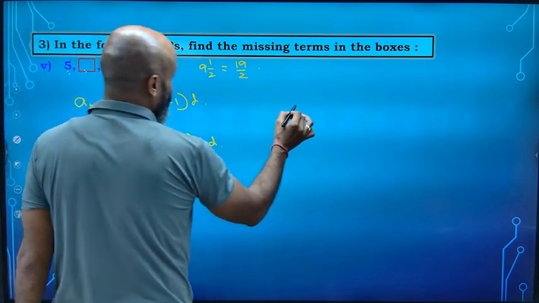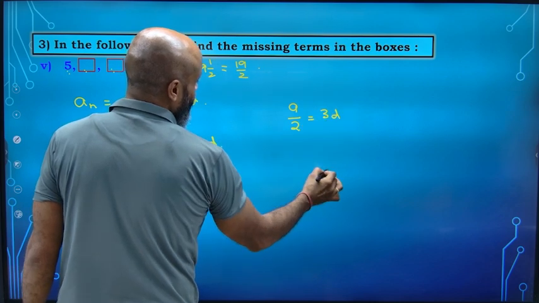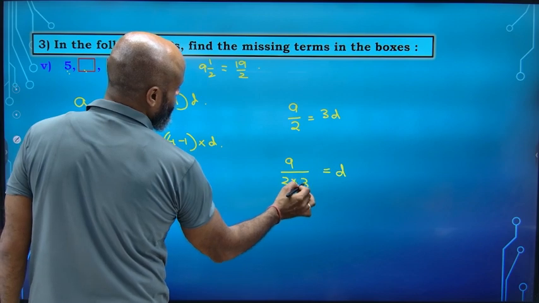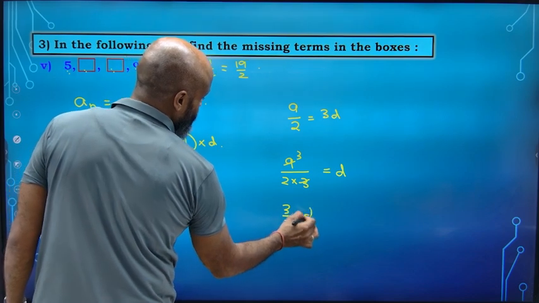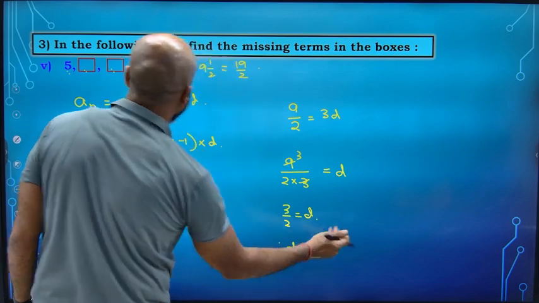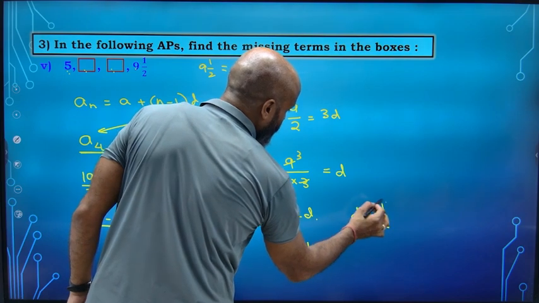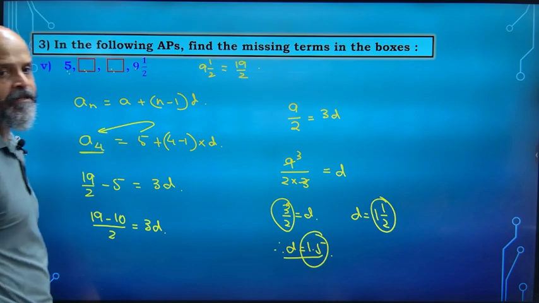So 19 minus 10, that is 9 by 2 is equal to 3D. If I bring this 3 here, 9 upon 2 into 3, 3 3s are 9. So this will be 3 by 2, D. So therefore D has a value of 1.5 or 3 by 2. 1.5, 3 by 2 and 1.5 all are acceptable formats here.